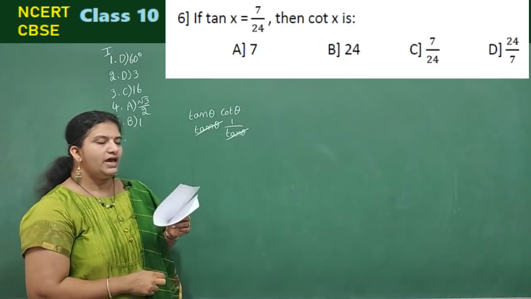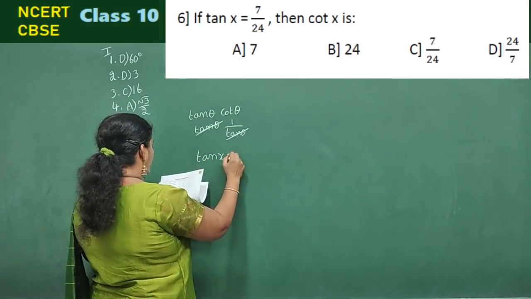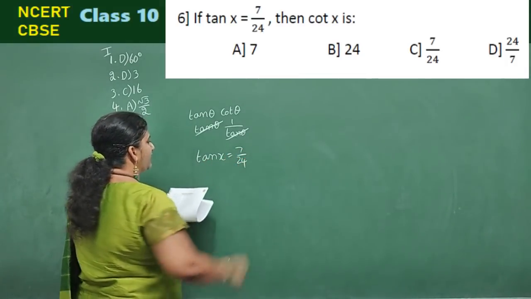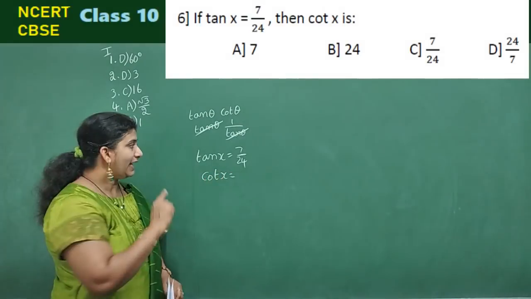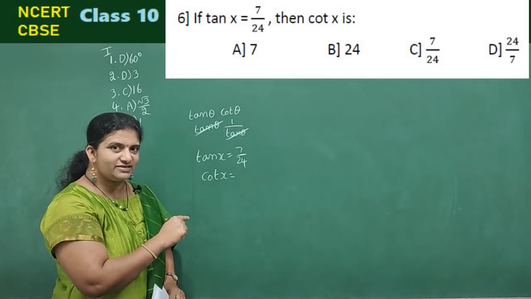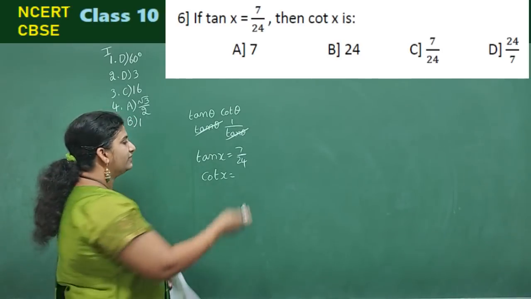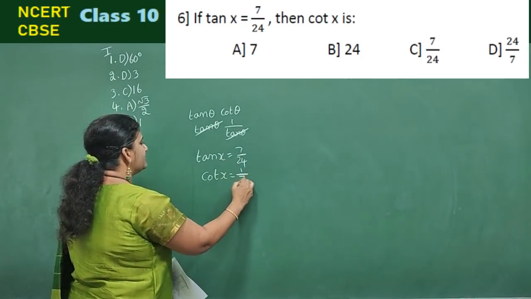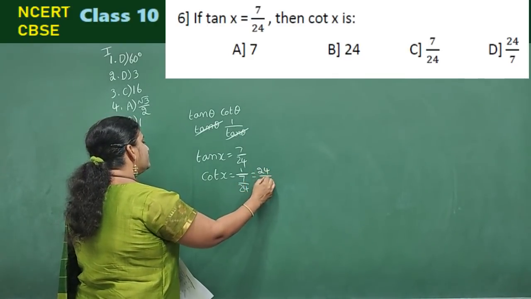Sixth one. If tan x is equal to 7 by 24, then what is cot x? Tan x is given, they have asked us cot x. Cot x is nothing but the reverse of tan x. That is 1 by 7 by 24, or directly you can say 24 by 7.